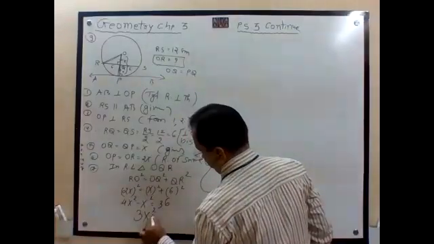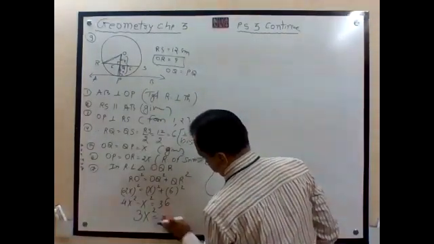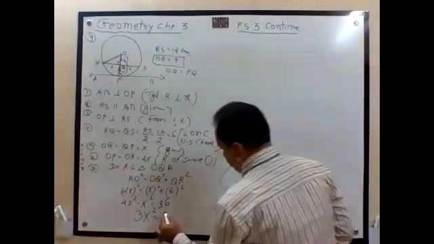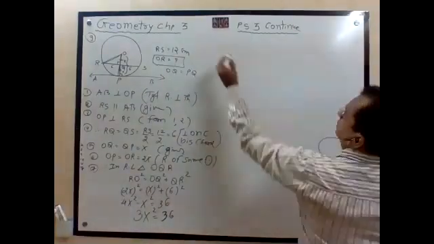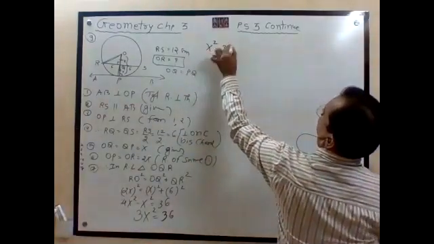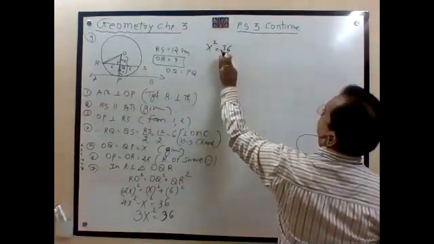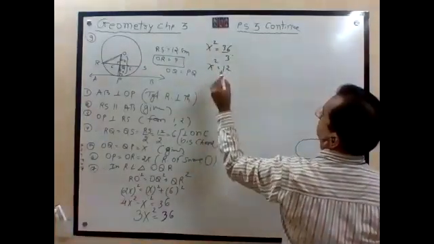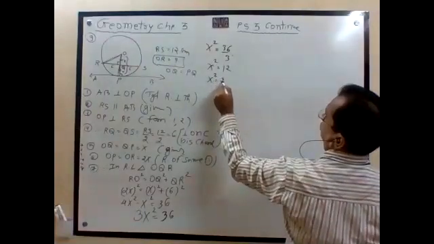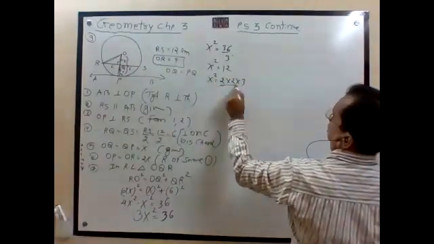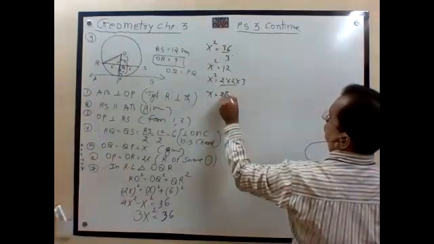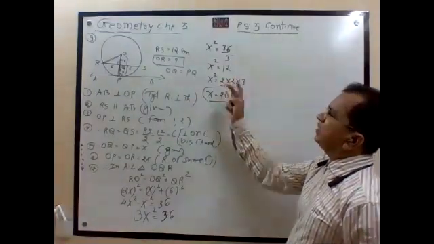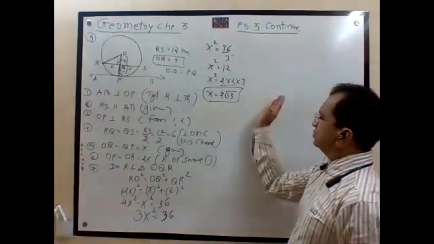So 3X square is equal to 36. So X square is equal to 36 by 3. So X square is equal to 12, which is 2 into 2 into 3. So X is equal to 2 root 3. Make all the factors, it is a square, so the factors which come in pairs come out, and the rest stay under the root.